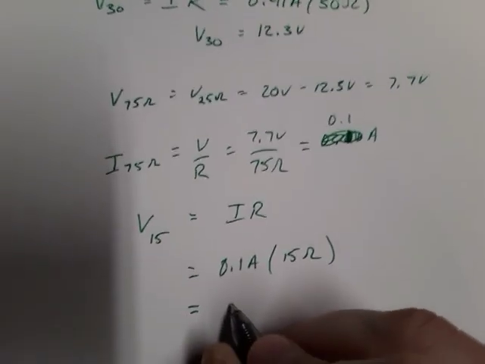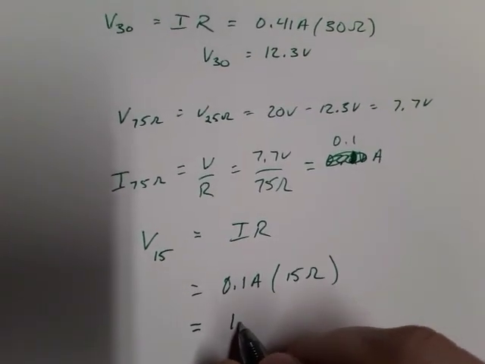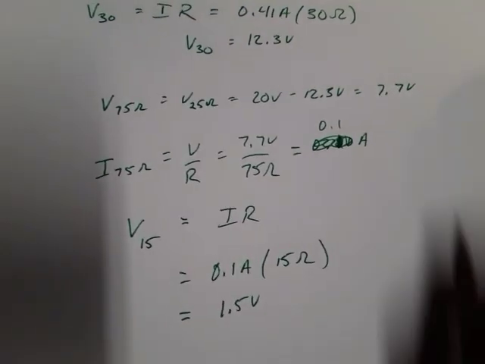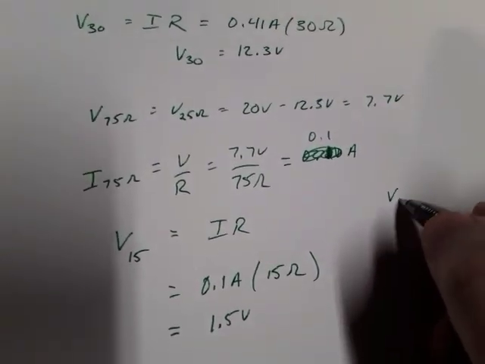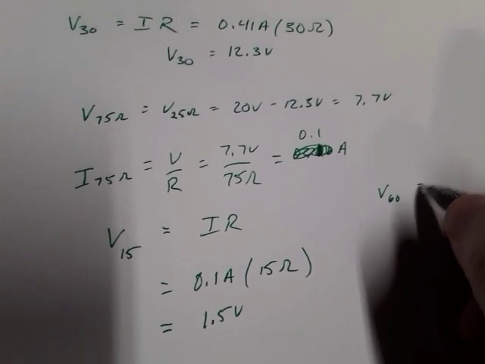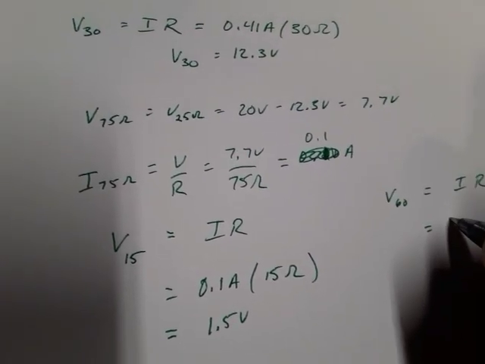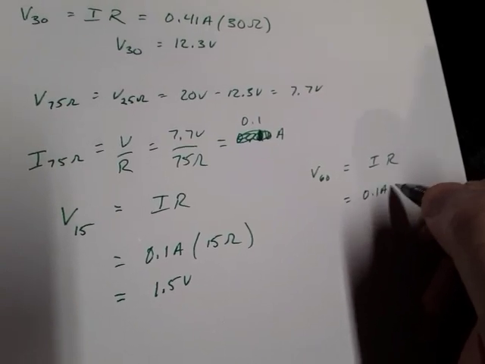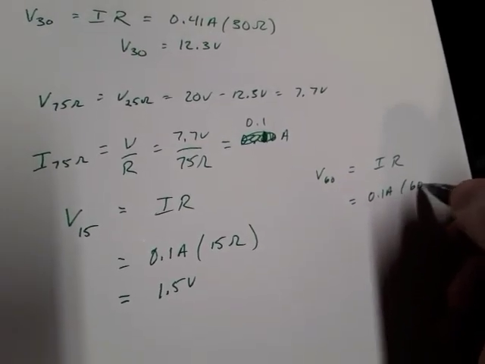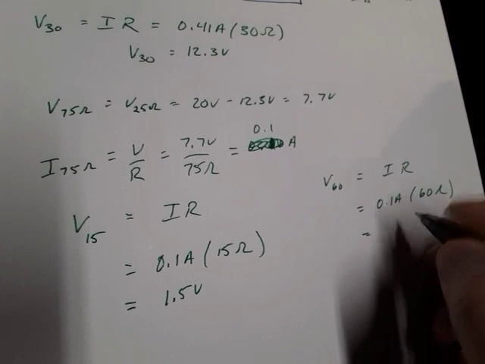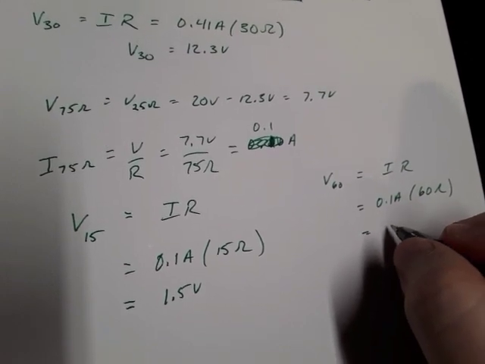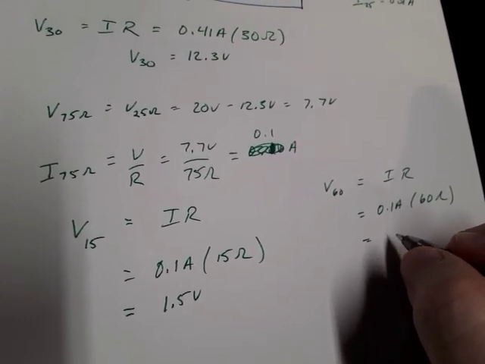And that's going to be 1.5 volts. And we can check the voltage on the 60 ohm is going to be I times R, 0.1 amps times 60 ohms, and that is 6 volts.